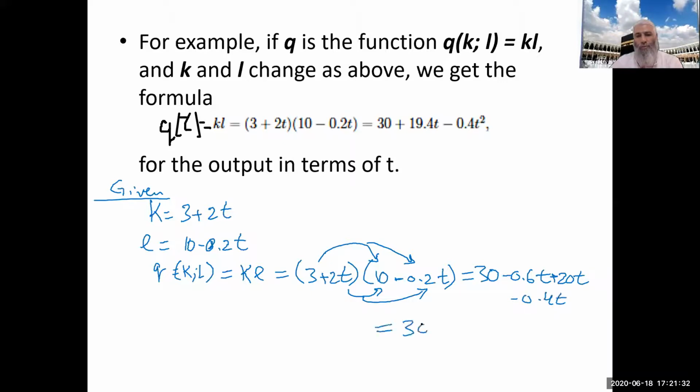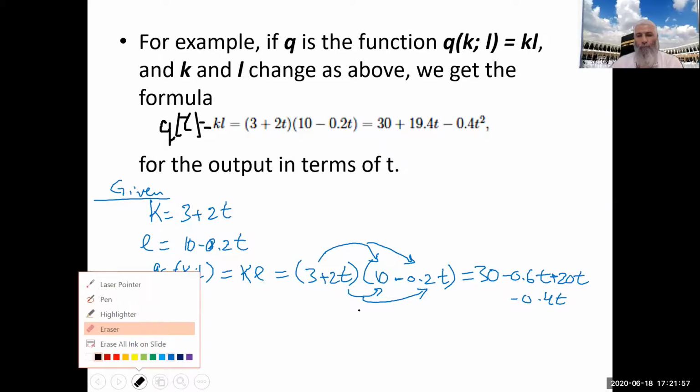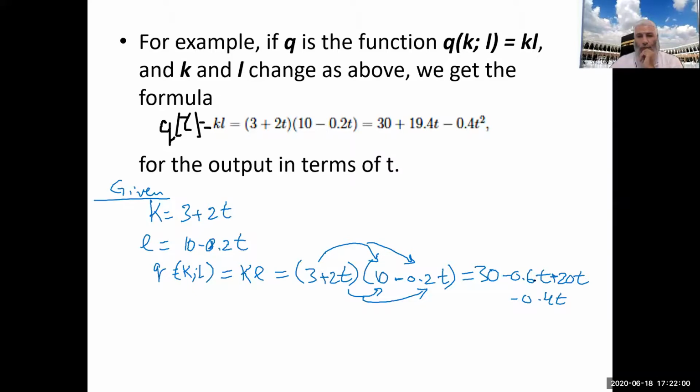So this is 30 plus 19.4t, minus 0.4t squared.